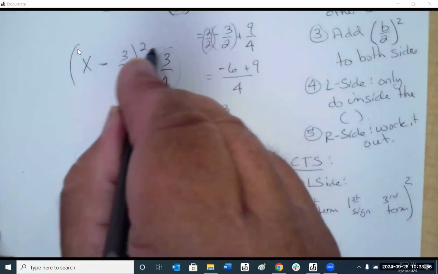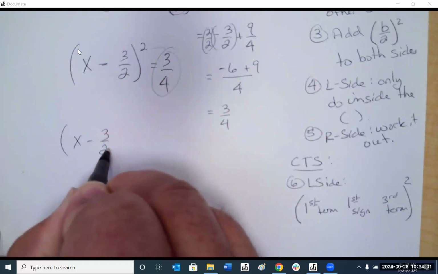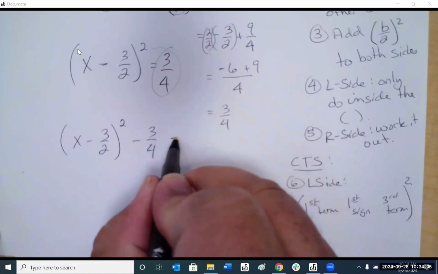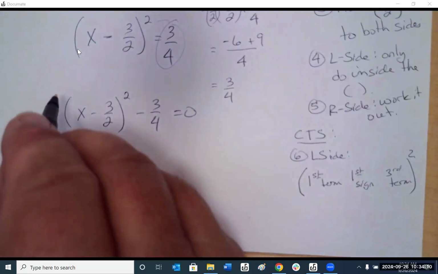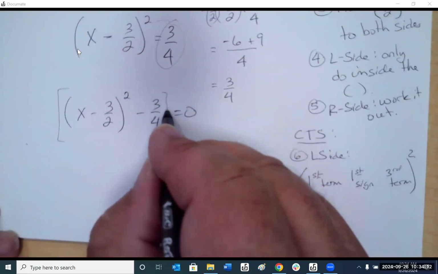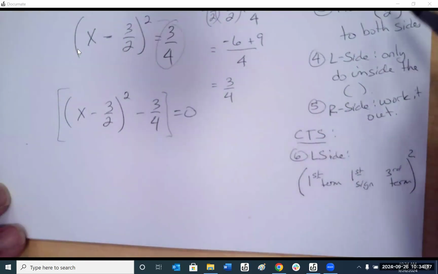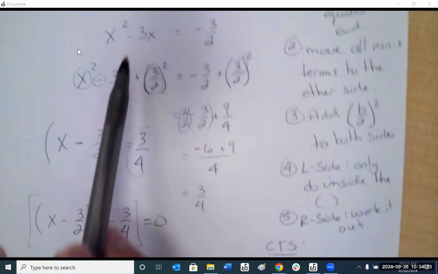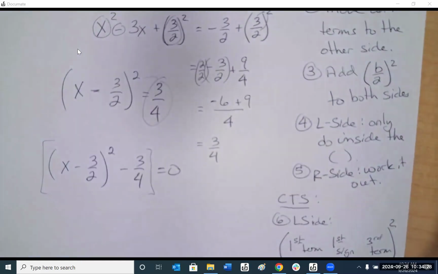Now, move this to the other side. We got x minus 3/2 squared minus 3/4 equals 0. That's what I said, because you're completing the square. If you took these two and multiplied them together, you'd come up with that. So we're making it smaller when we're completing the square.